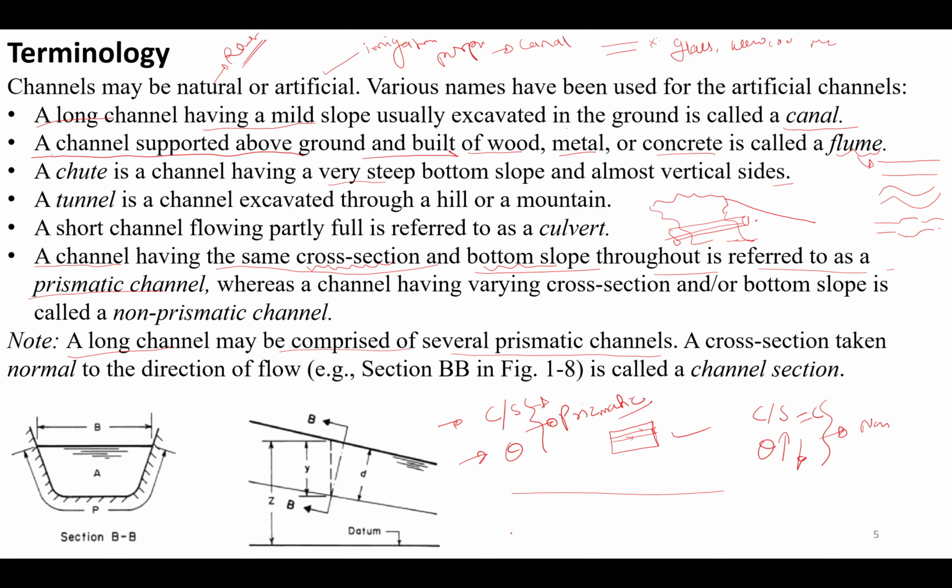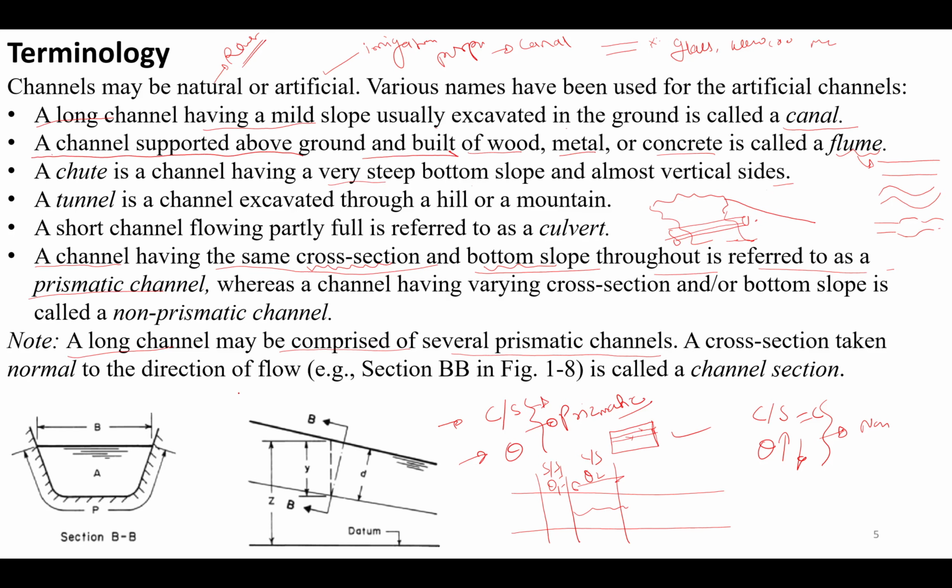If a channel is very long, maybe up to that much the cross section and theta are the same, that is theta 1 and CS1. Between this, your theta 2 and cross section are the same throughout. So this is actually the meaning of this line.